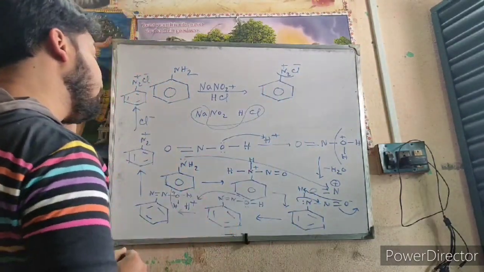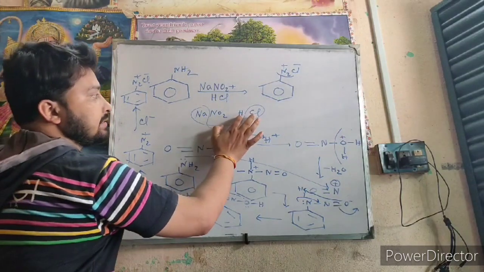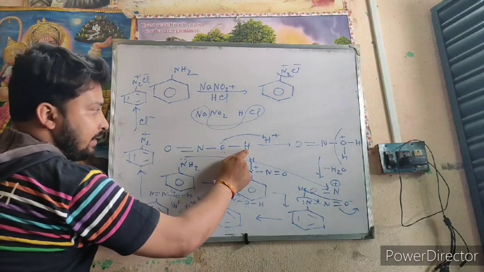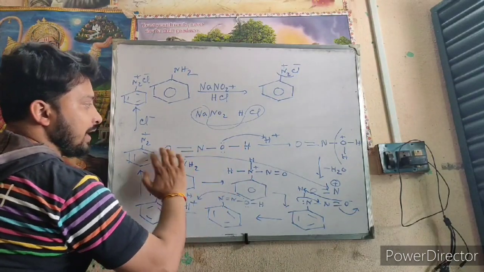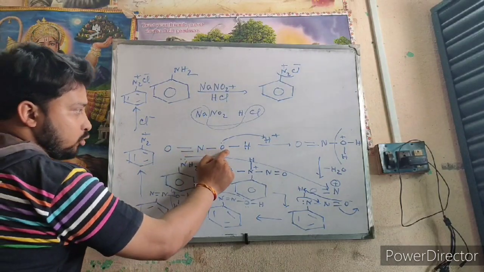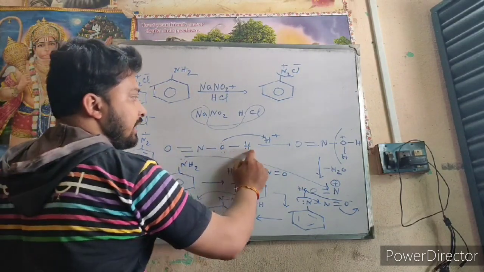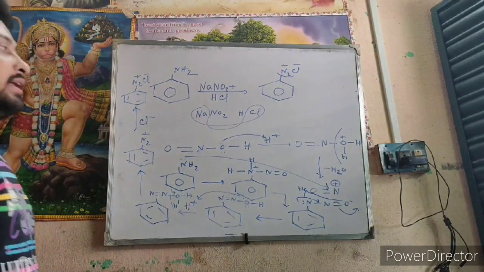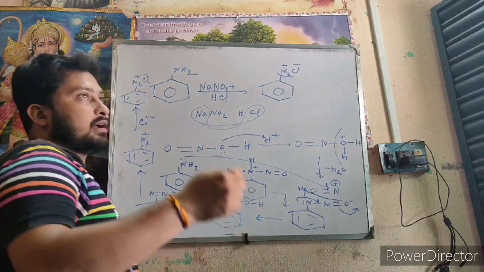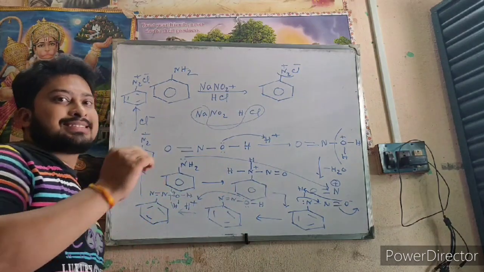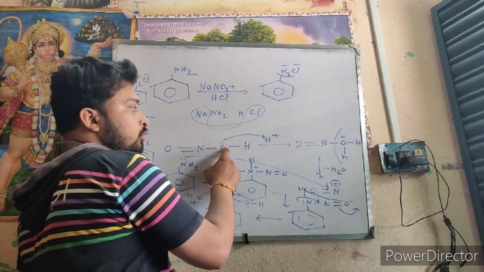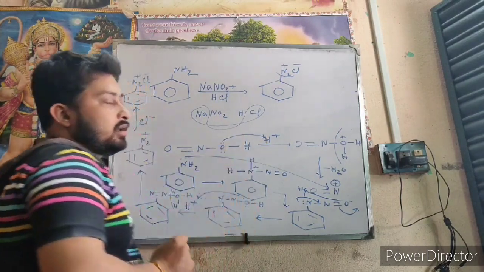What is the mechanism? First of all, this is HNO2. We write it this way: O double bond N, single bond O with a lone pair, and H. Then you react with acid. Acid means H plus, and we know that a lone pair has a tendency to attack H plus.